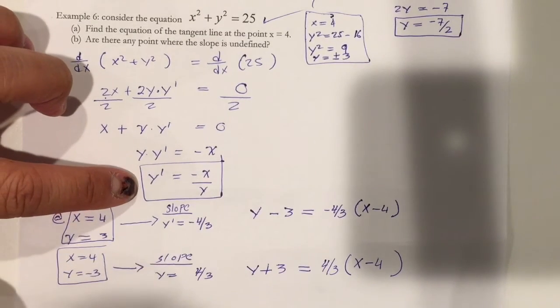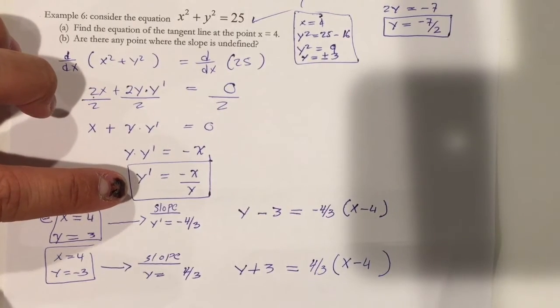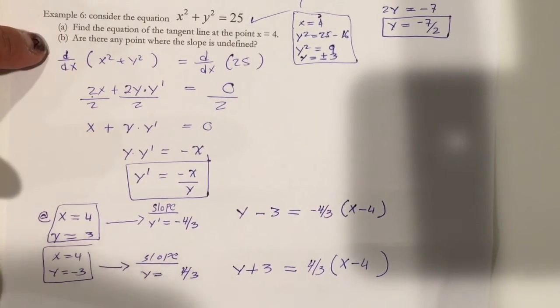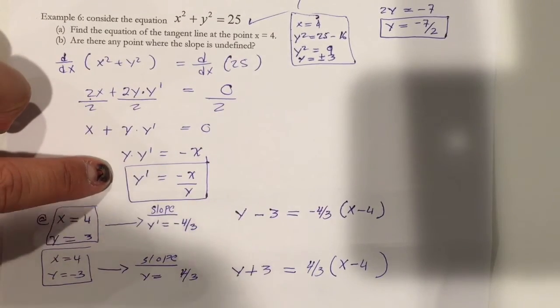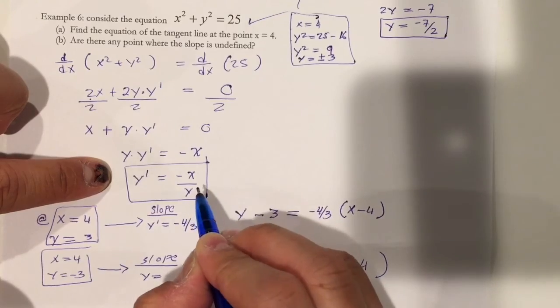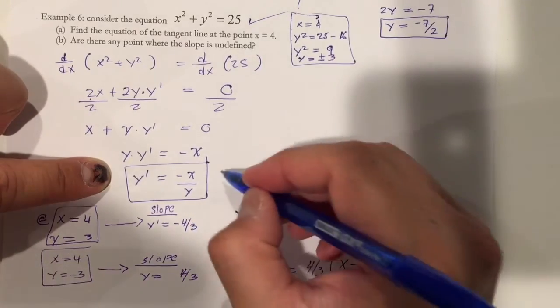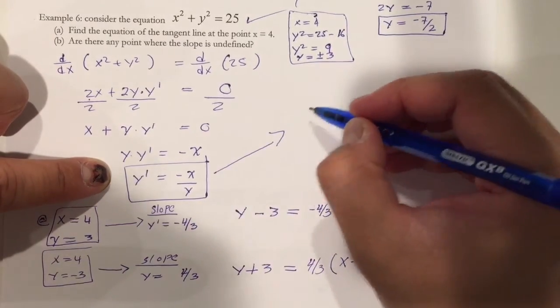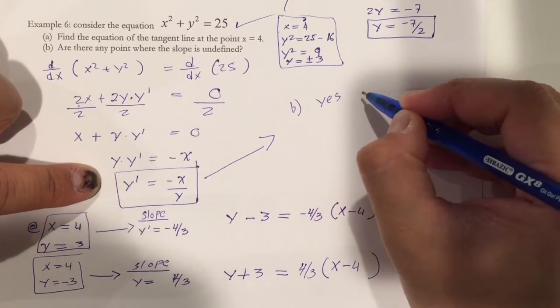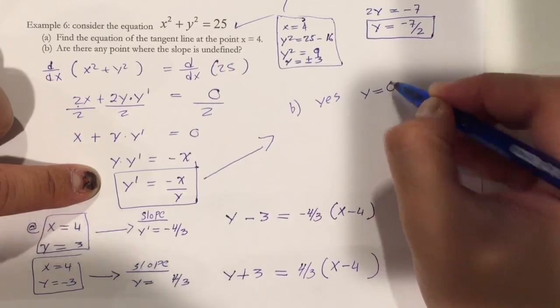When we look at this derivative function, we can answer part B, because undefined means that the bottom is 0. The bottom is 0, right? So part B, yes, y equals 0.